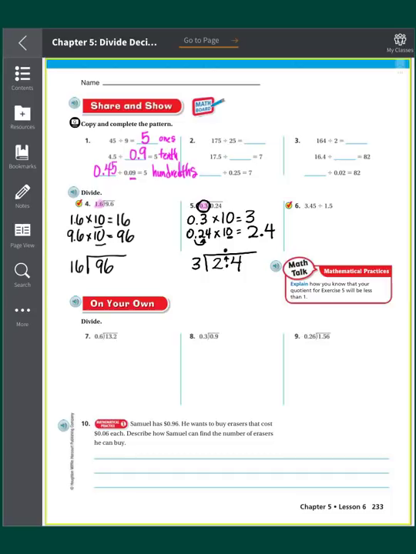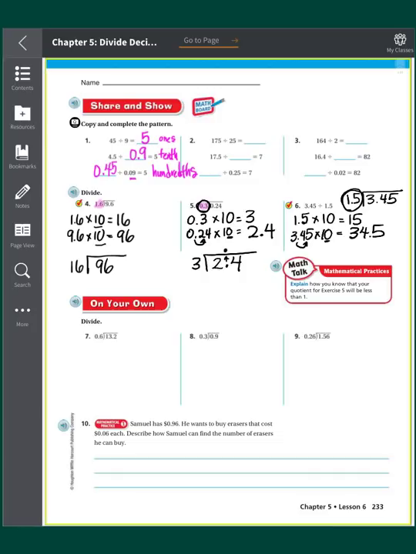3.45 divided by 1.5. Again, if you're not sure how to do this, put it in the house, and then you know this is the number that has to be a whole number. So if that's 1 5/10, you're going to multiply 1.5 times 10, which equals 15. Then you're going to do 3.45 times 10, and you're going to move it one place because it's only by 10. So it's going to equal 34.5.